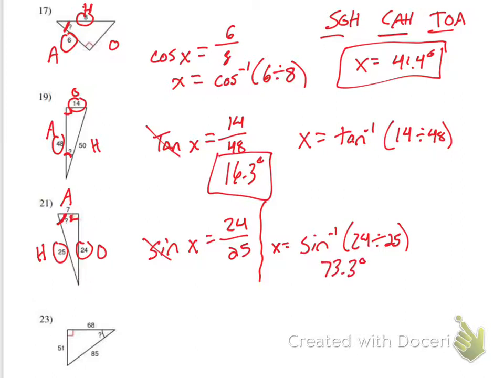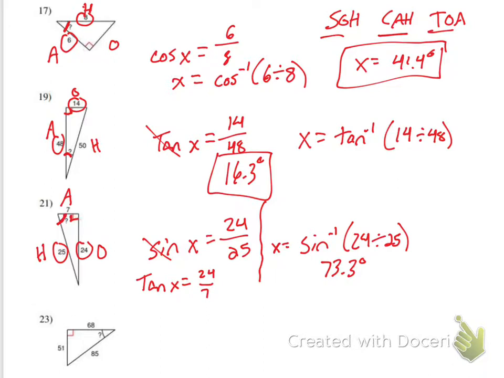Now just for a second, let's do a different one. We did sine, let's do TOA. That'd be tangent, opposite over adjacent. So tangent x is equal to the opposite, which is 24, over the adjacent, which is 7.